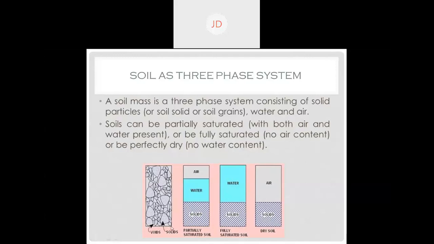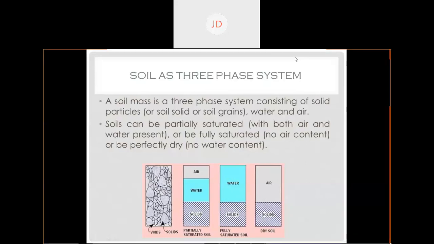For a particular volume of soil, this is a microscopic view of the soil mass. The soil mass contains this amount of soil particles having different shapes and sizes. And among these soil particles, you can see some gaps also generated. I'll show you more clearly. Here, like this one.